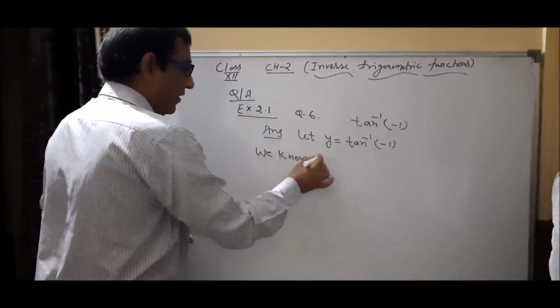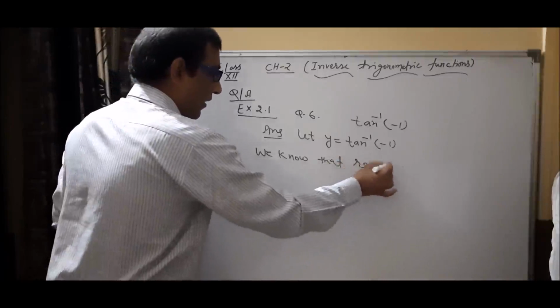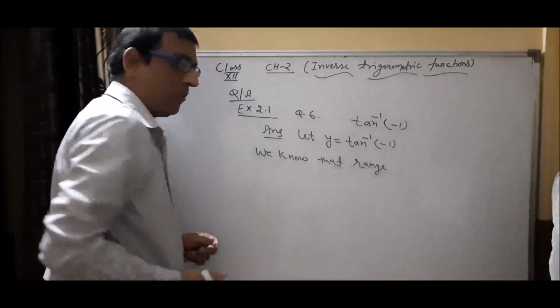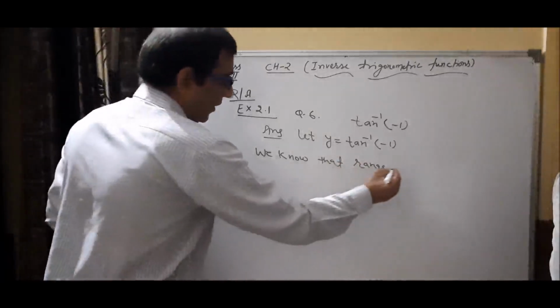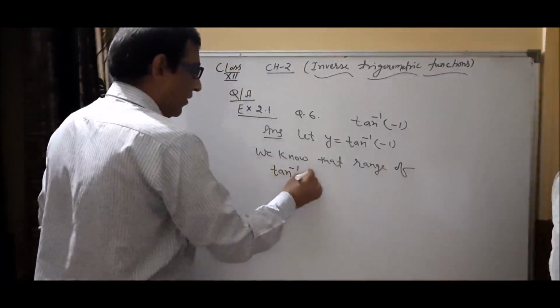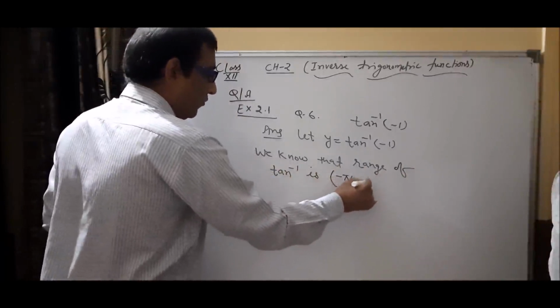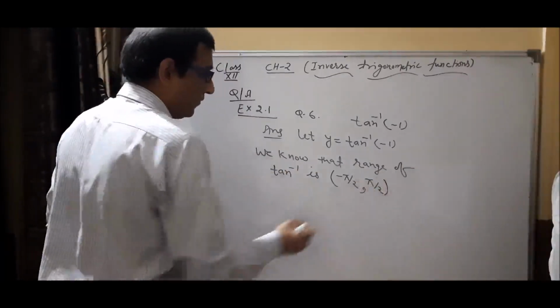Then we will write, we know that the range is also known as the principal value branch. So we know that the range of tan inverse is the open interval minus pi by 2 to pi by 2.